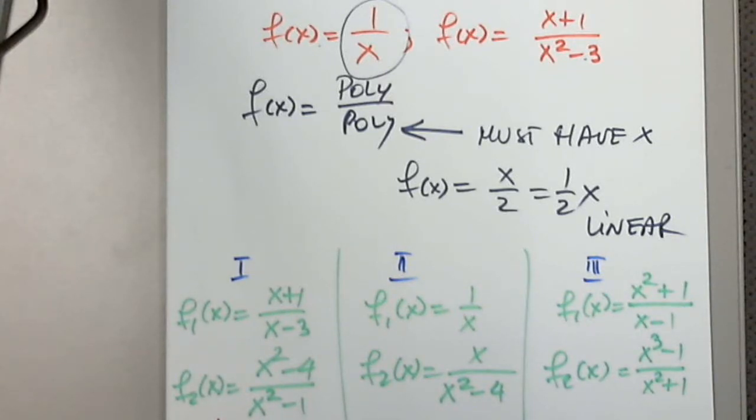Can anyone tell us what the other 2, next set, have in common? What would you say? Denominator has a higher degree.